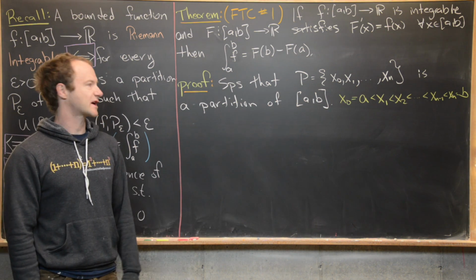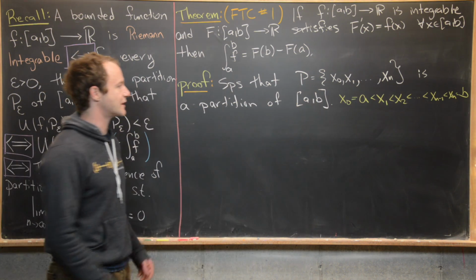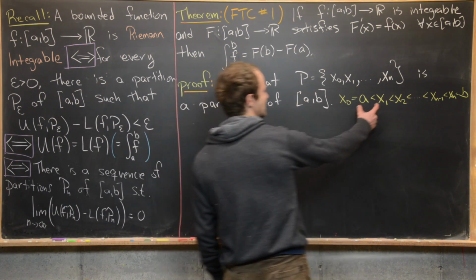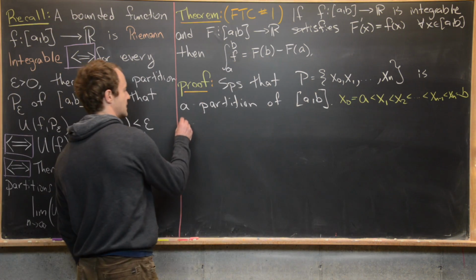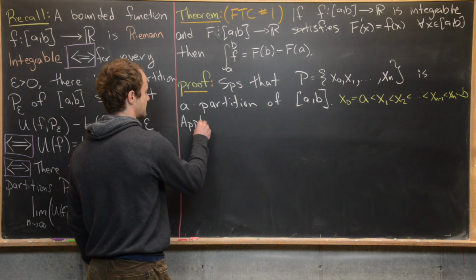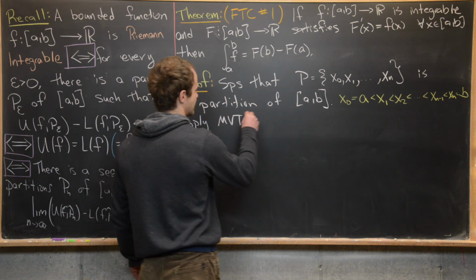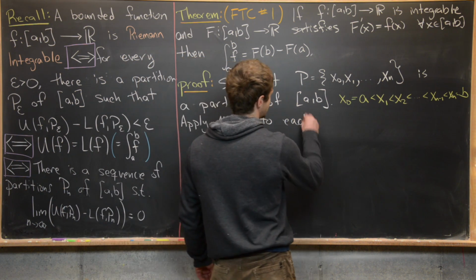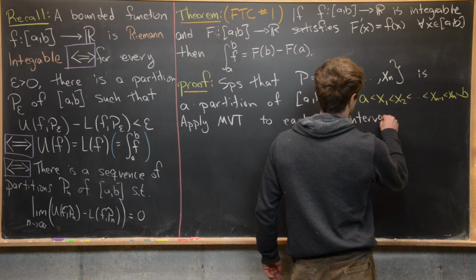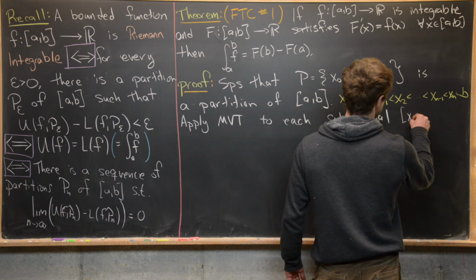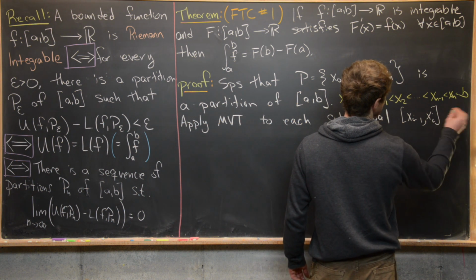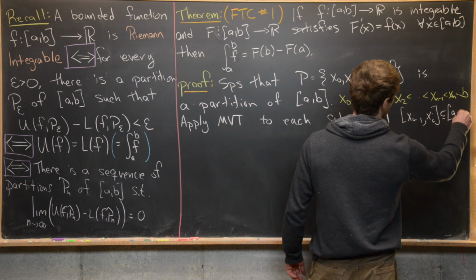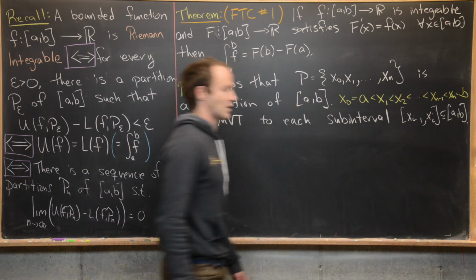Okay, so next we're going to apply the mean value theorem to each of these subintervals, which is constructed out of this partition. So apply the mean value theorem to each subinterval, which we'll denote by [x_{i-1}, x_i], and notice that this is a subinterval of [a,b]. Great.